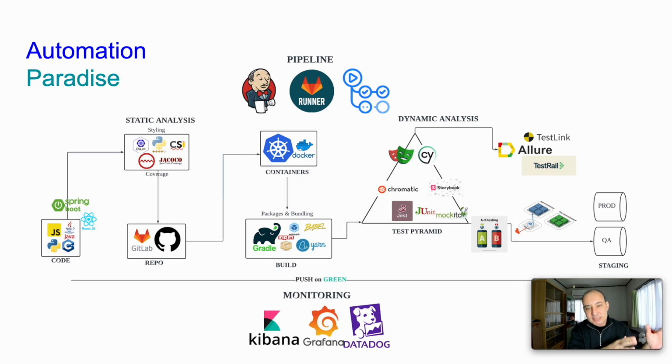In these kinds of issues, the whole automation paradise might turn into an automation hell, because we are talking about a paradise, right? There are several different automated processes. We just push a button: we prepare all the code in our environment, then add all files, commit, and push. This is called push on green.